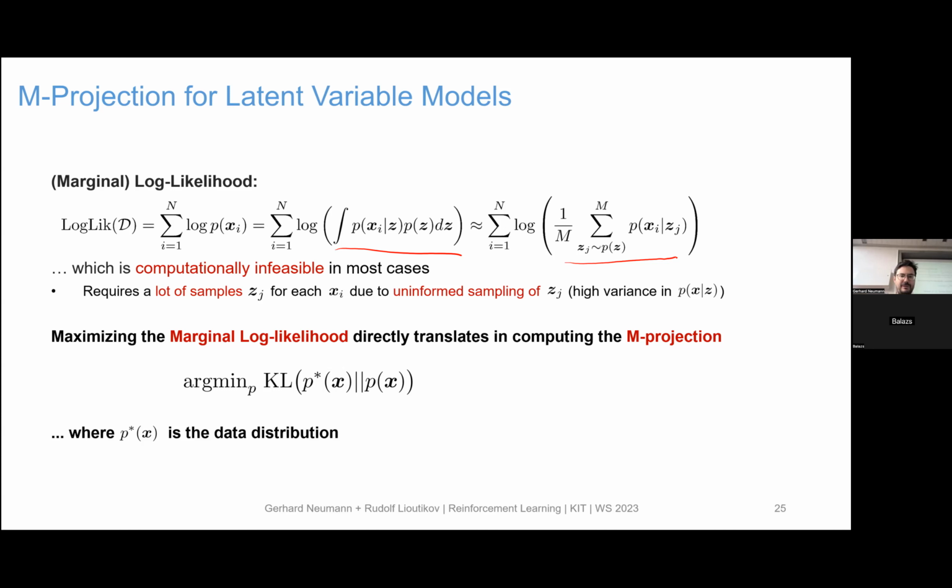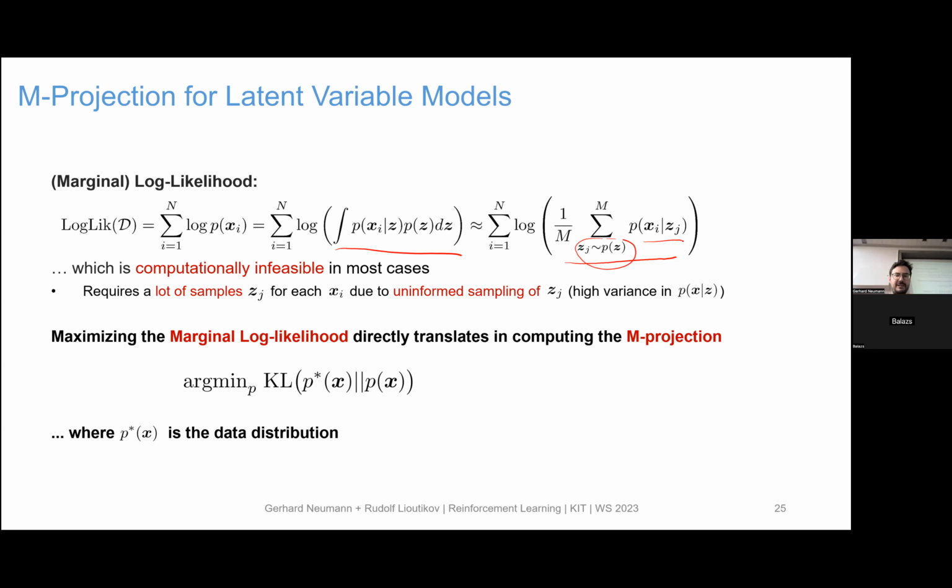It's a sum over many different latent variables sampled from the prior distribution, and then we want to optimize the log of p of x given this sample set.